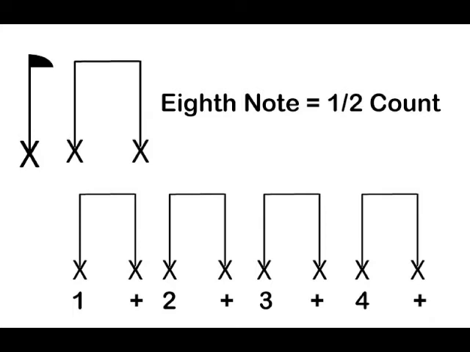Once again, count off. 1, 2, 3, 4. 1 and 2 and 3 and 4 and. One more time. 1, 2, 3, 4. Down, up, down, up, down, up, down, up.